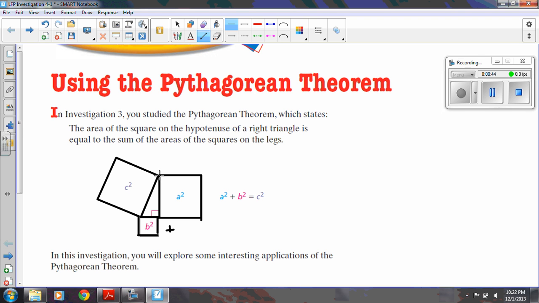So we did that first on dot paper, and we've done it a little bit on graph paper, and then we transferred that information into the formula a squared plus b squared equals c squared, which is known as the Pythagorean theorem. Well, today, in this investigation, we're going to apply the Pythagorean theorem to different situations.